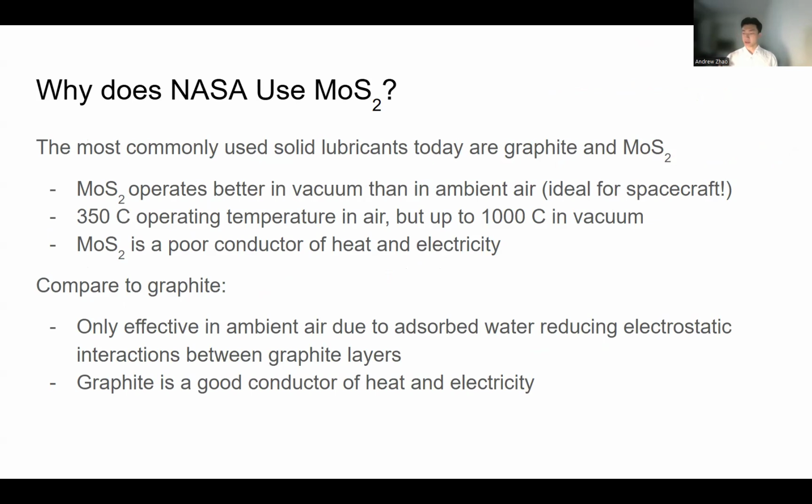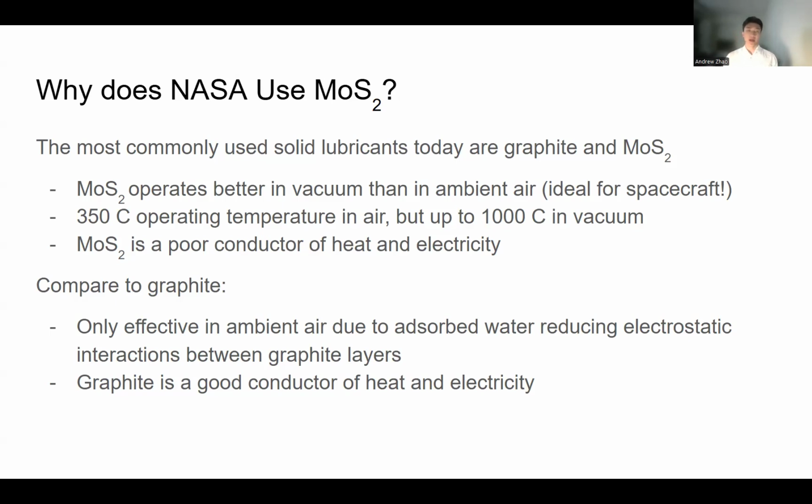So up to our big topic today. Why does NASA use molybdenum disulfide? Well, the most commonly used solid lubricants today are graphite and molybdenum disulfide. Molybdenum disulfide operates much better in vacuum than in ambient air, which is ideal for spacecraft applications where you're going to be operating in a vacuum environment, presumably.